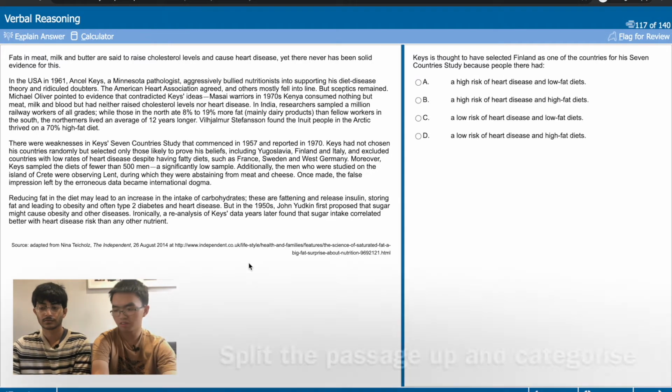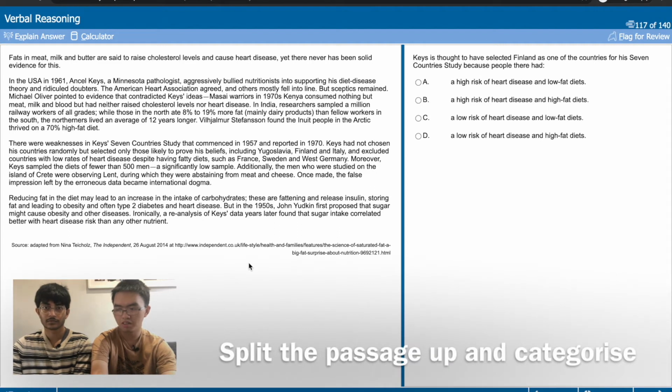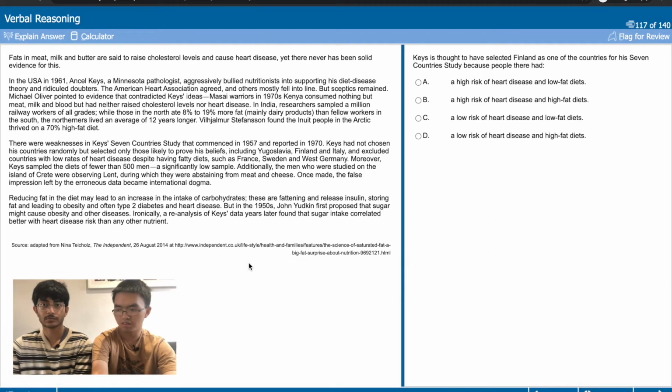So first you're going to want to split the passage up into paragraphs, which has already been done for us, and briefly skim through each paragraph to get the general gist of what it's about. So the whole passage is talking about cholesterol levels, heart disease, and the links. The first paragraph is a one sentence introduction.